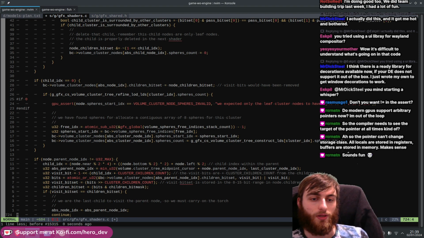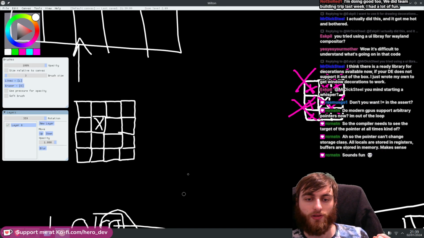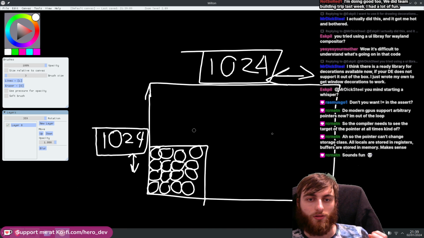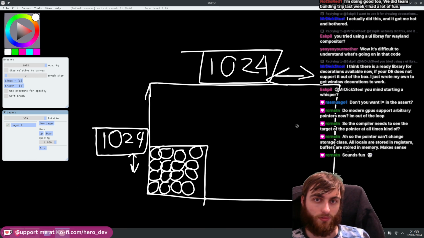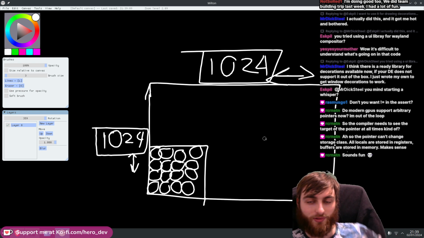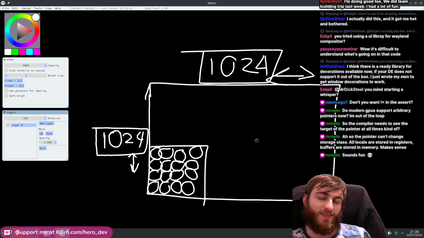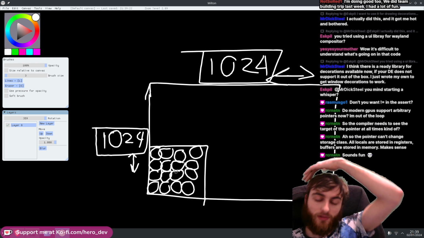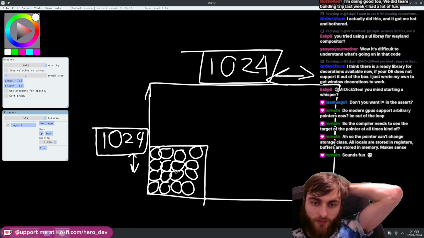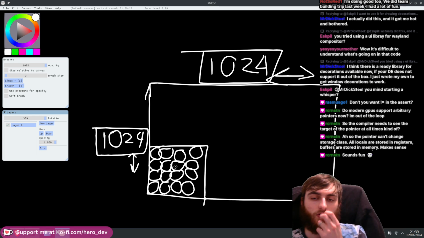So the problem is you can't do a full 1024 by 1024 grid of these in one go, because if not, that's a gigabyte times size of whatever amount of memory that I need just to build this volume. Because unfortunately, you need to know the highest level of detail before you can simplify it. That's just the restriction on the way it works.